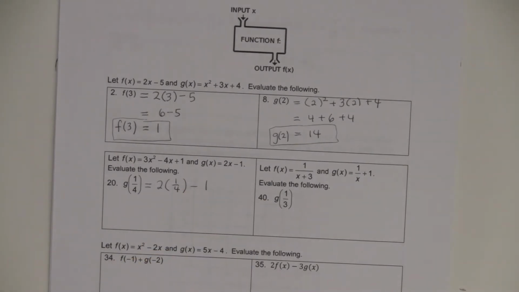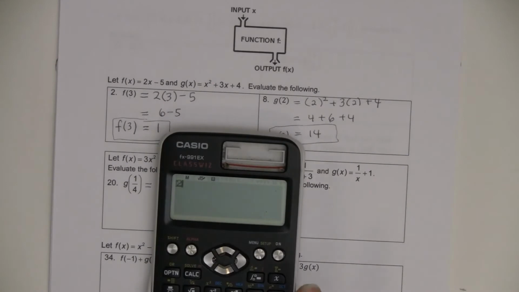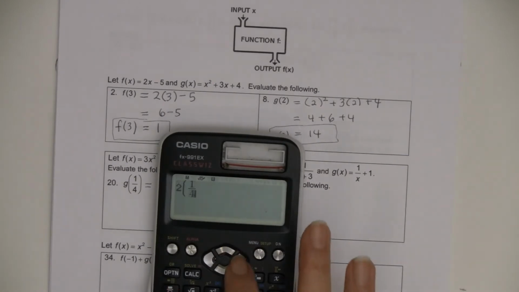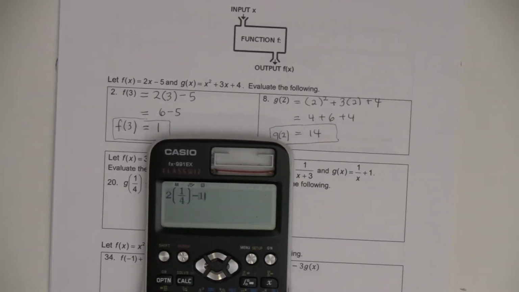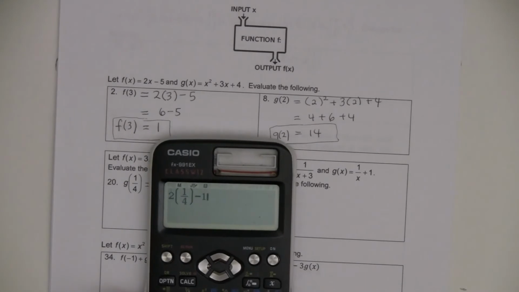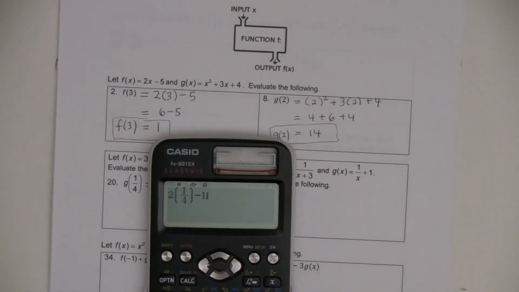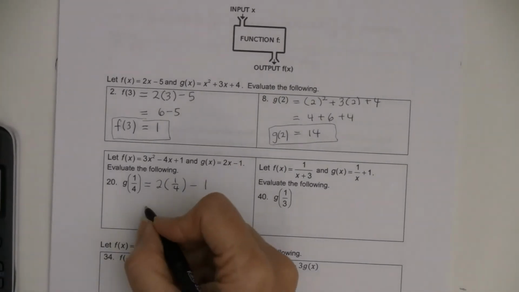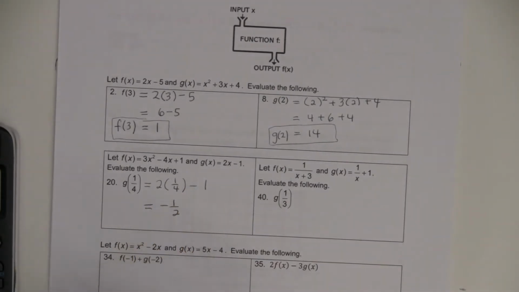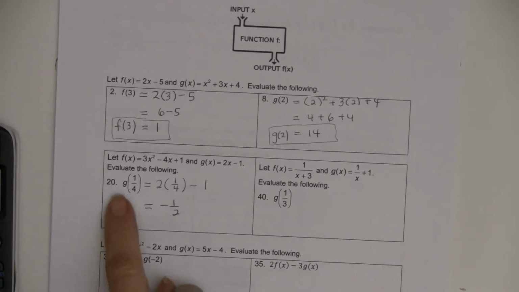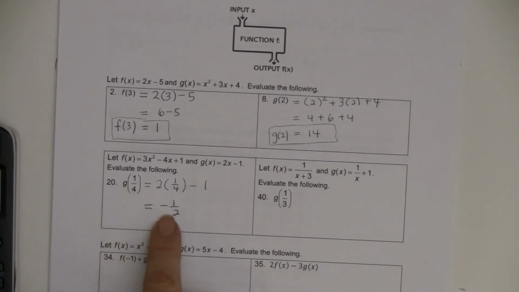And of course, I'm free to do that on my calculator. 2 times 1/4 minus 1. I don't know if you can see my calculator screen. Almost you can, huh? And equals, and it's negative half. And so this is equal to negative 1/2. And that's what they're going to have in the back of the book, because that's what they were asking me about. If I wanted to say the whole thing, it's g at 1/4 equals negative 1/2.